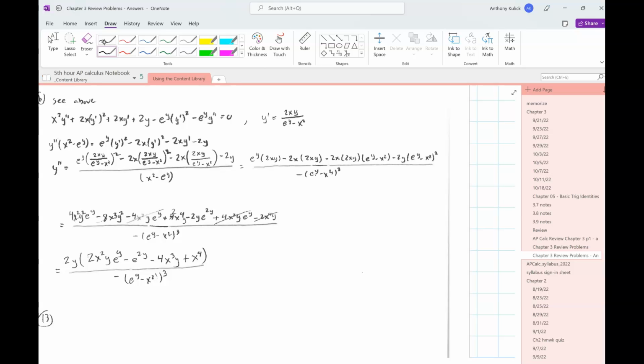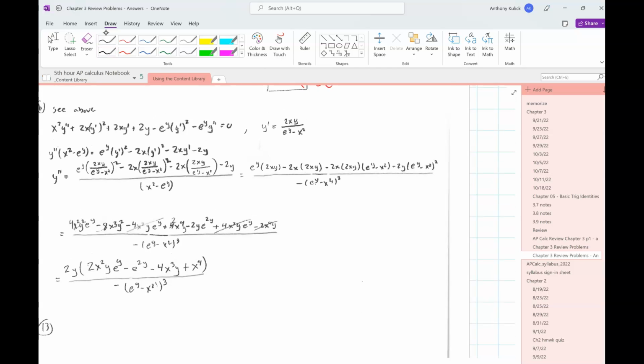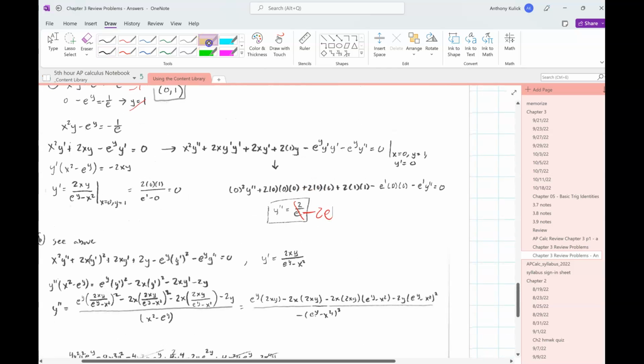Because you took your equation from before, substituting out the first derivative, and then you added a second derivative onto that. And then from there you found this. Okay. So all I did here was I just then differentiated again. So this was the chain rule, or the product rule from this piece.